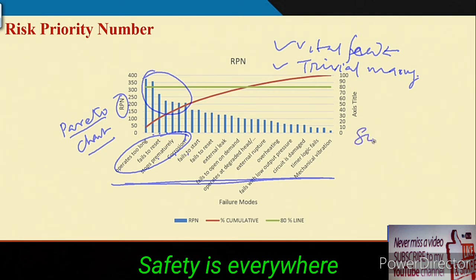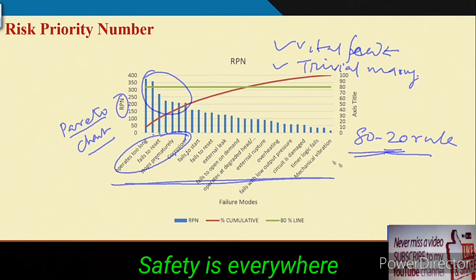This is also known as the 80-20 rule. What is the 80-20 rule? 80% of the problems are caused by 20% of the causes. Like here, 80% of the risk is associated with 20% of the failure modes. Or the other way, its origin I think I have told you.